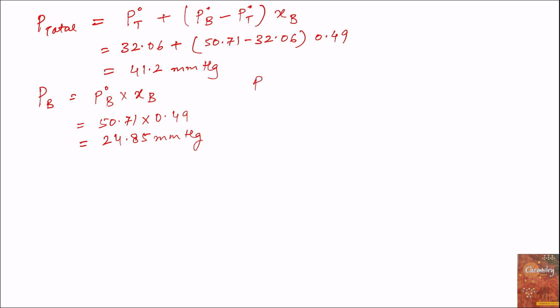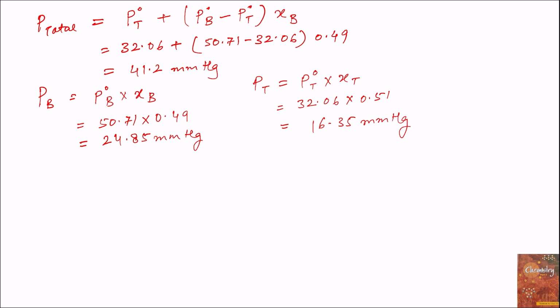Similarly, partial pressure of toluene will be equal to pressure of pure toluene multiplied by mole fraction of toluene, and this is equal to 32.06 multiplied by 0.51. So partial pressure of toluene is equal to 16.35 millimeter of mercury.